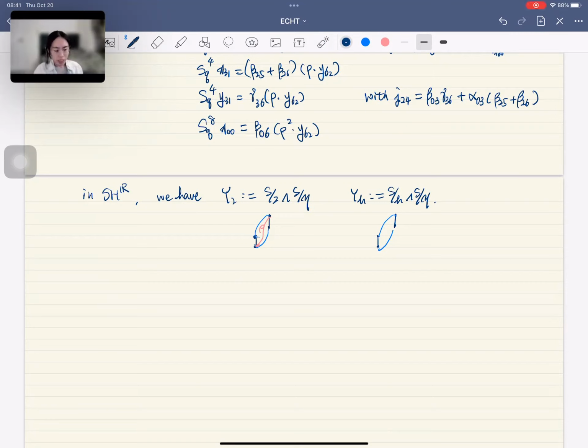Right, so classically, it is a self-map of the spectrum Y. There's no ambiguity about that.